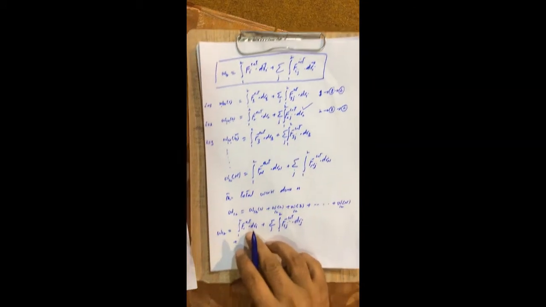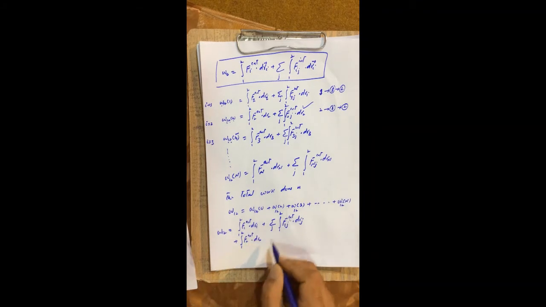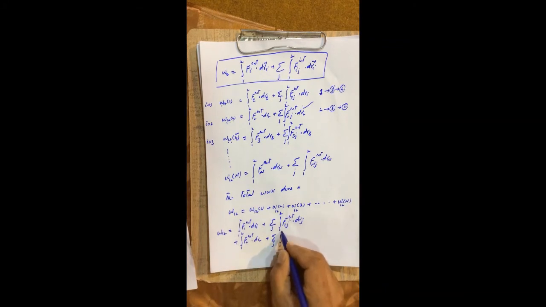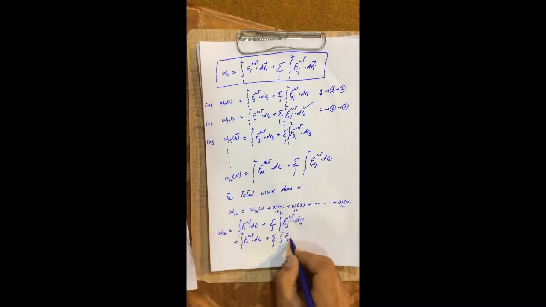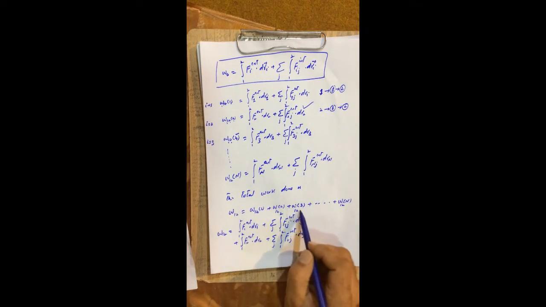So I will put it here: the work done in moving particle 2 from position 1 to 2 is the integral of F2 external dot dr2 plus the sum over j of the integral from 1 to 2 of F2j internal dot drj. Similarly, we have the work done in moving particle 3 from position 1 to 2 and so on.